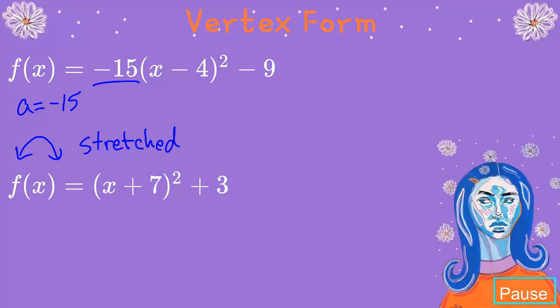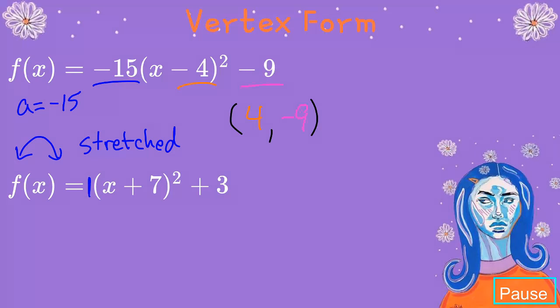We also have then our h and our k. So in this situation, our h is 4 because it's x minus h. So that means our h has to be 4. And in the equation, it's a times the quantity x minus h squared plus k. So our k here has to be negative 9. So that's our h and our k.